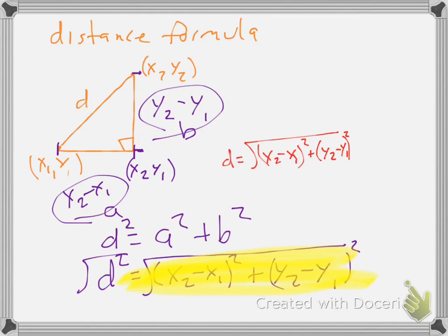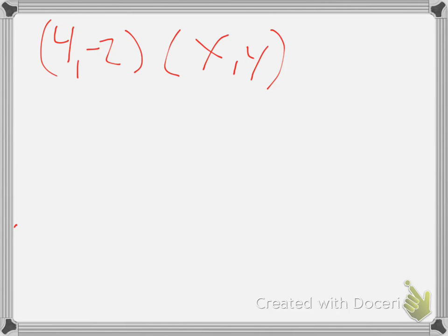Yeah. So if I gave you points like 4, -2, and x, y. What is the distance? If I gave you points, you just plug them in, that's probably what we've done already.